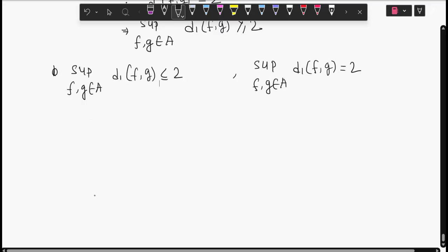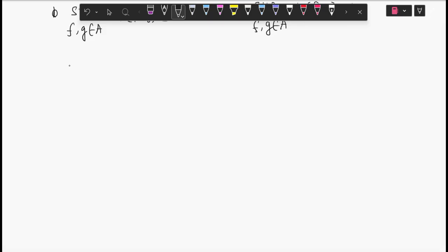So for that purpose, I am just taking two arbitrary functions, h and k belongs to A. Now I am taking t belongs to -1, 1.